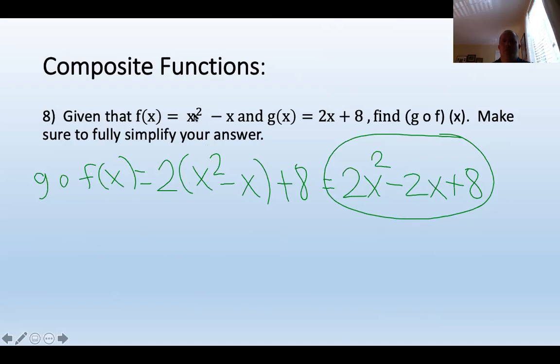We would plug x squared minus x in for x. So it would be 2, and instead of x, we would have x squared minus x plus 8. But you have to fully simplify the answer. So we're going to take the 2 and distribute it into the parentheses, which would give us 2x squared minus 2x plus 8 as our final result there.